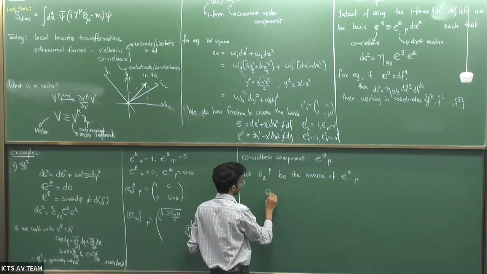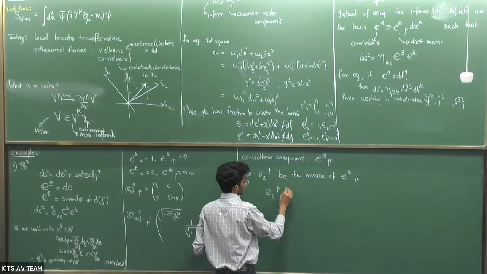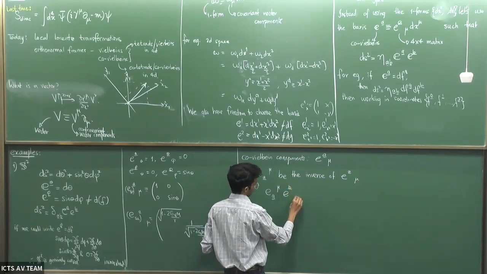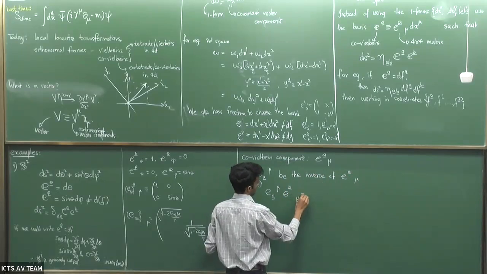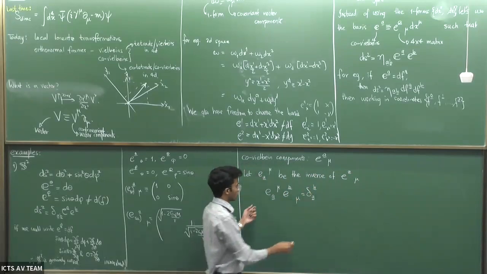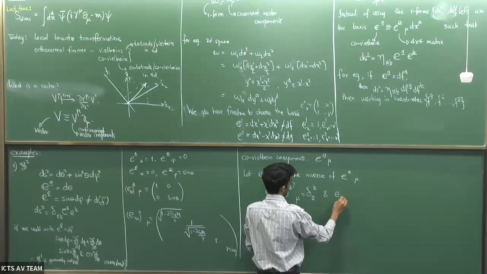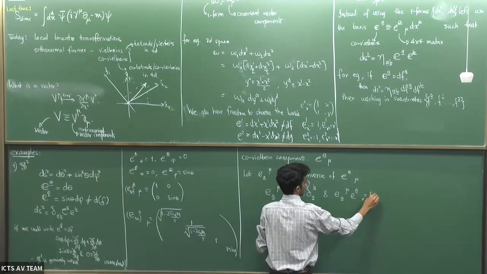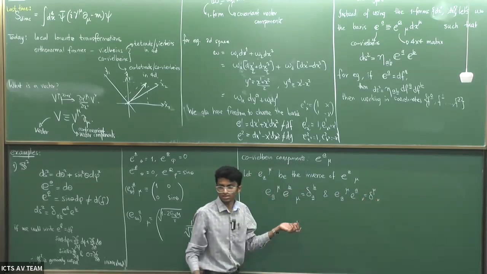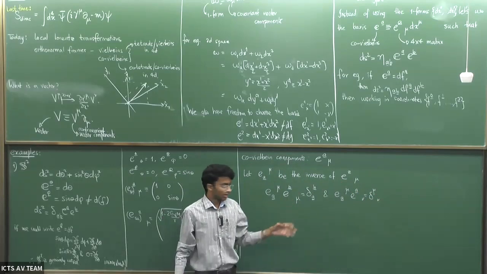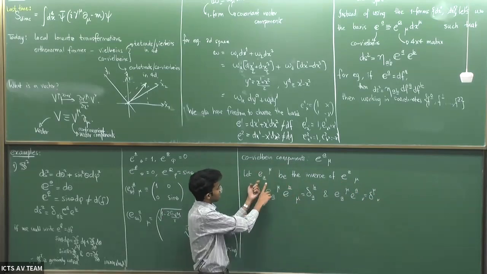That basically means that e a mu e b mu is delta ab, and e a mu e a mu is delta mu. That's what you mean by the inverse of the matrix. I'm just taking this matrix and taking its inverse. The inverse I will call e down, mu up.